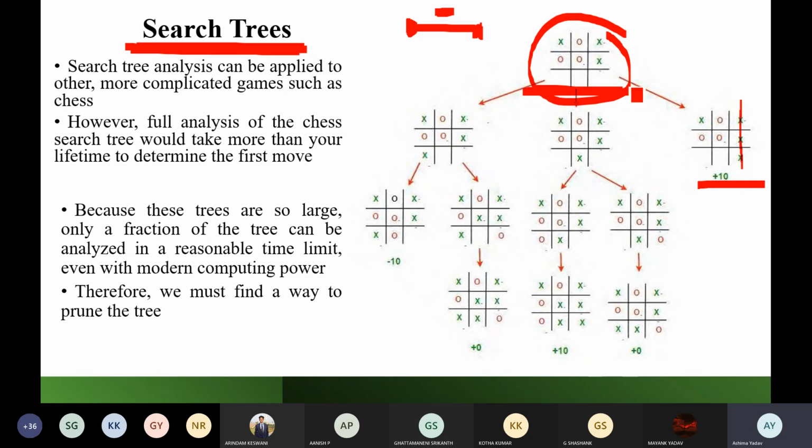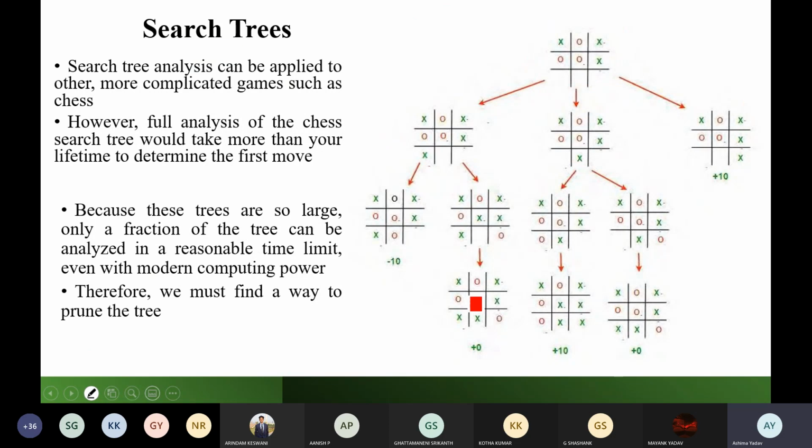So if I have this condition, internally what could be the next position? In this particular case, it's my turn, so I can place this X in this part. You can see these three portions are empty here in the first condition. So I can place X here or here or here, the third case.